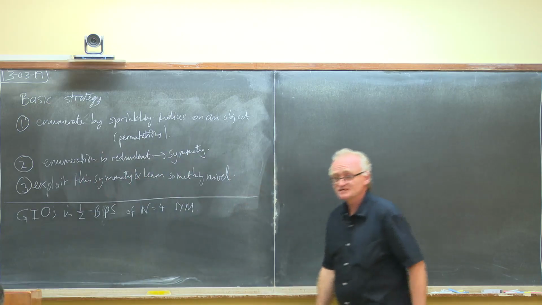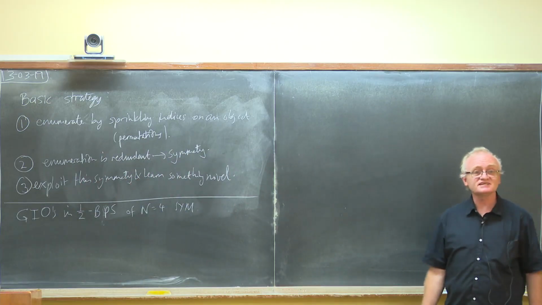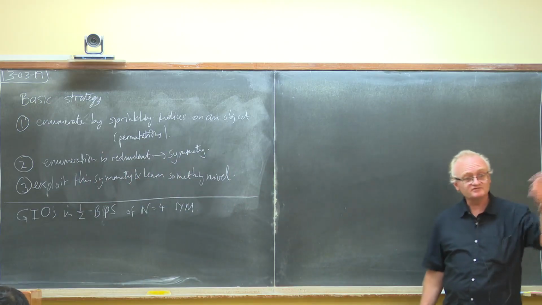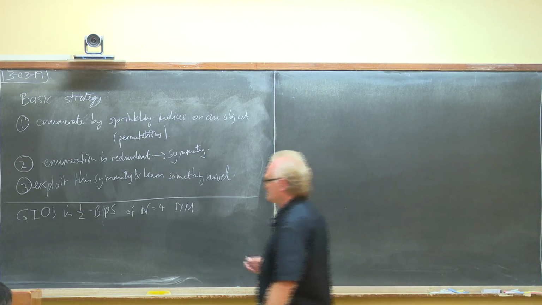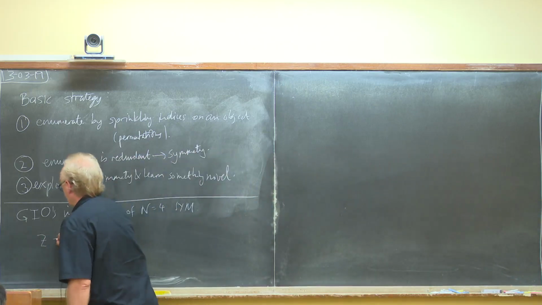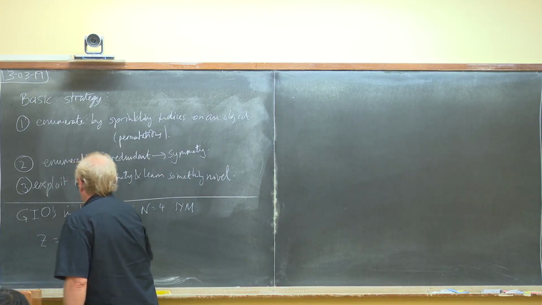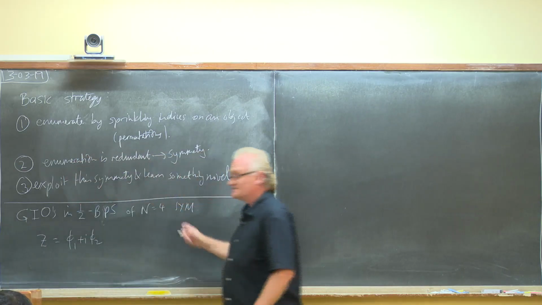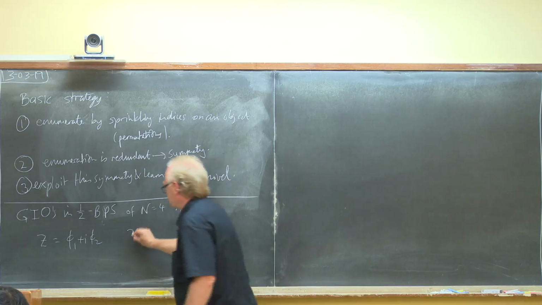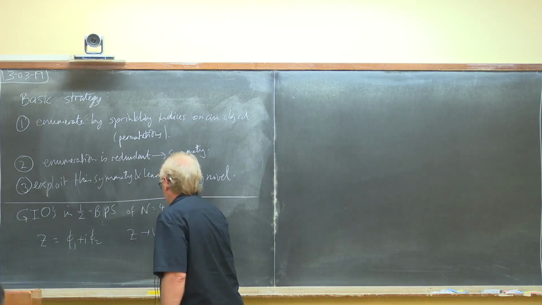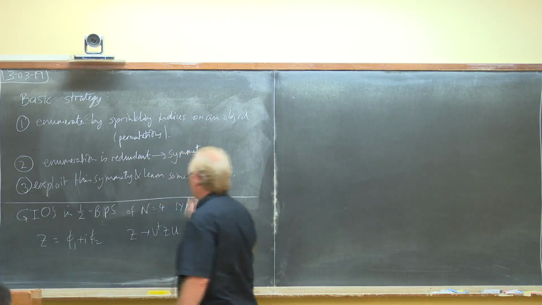So what are we doing? You know there are 6 adjoint scalars that are Hermitian. We combine 2 of them to produce a complex combination. So we've got Z, which is phi 1 plus i phi 2. Under the gauge symmetry, Z would go into U dagger Z U.